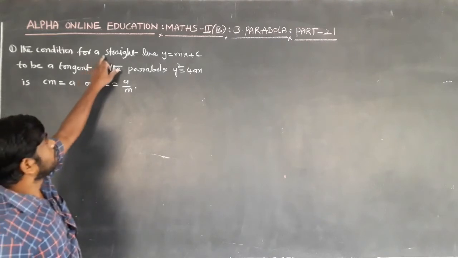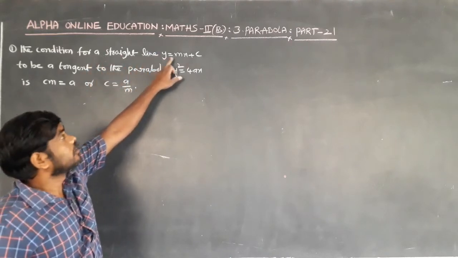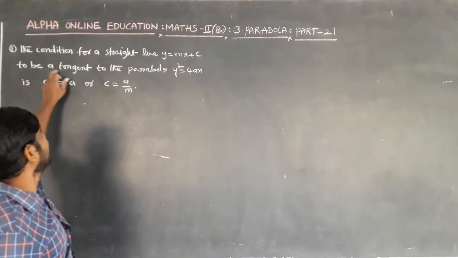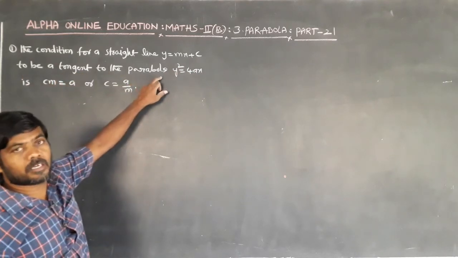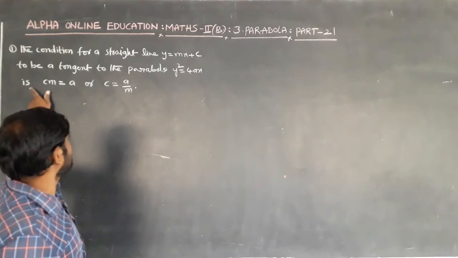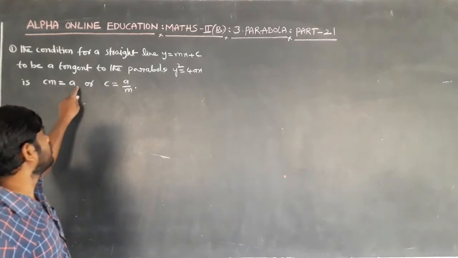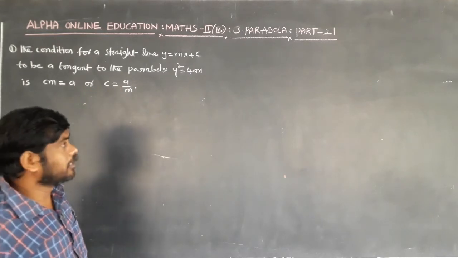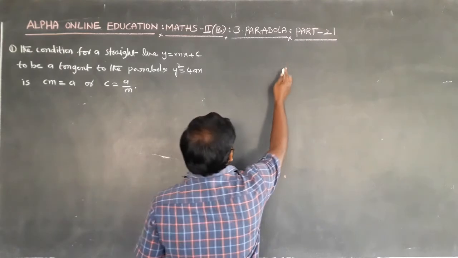The condition for a straight line y = mx + c to be a tangent to the parabola y² = 4ax is cm = a, or c = a/m.